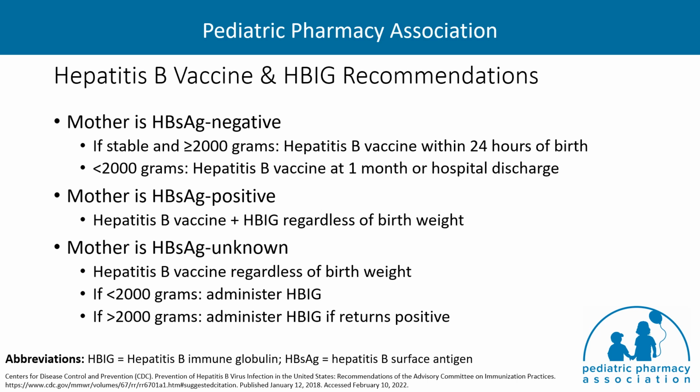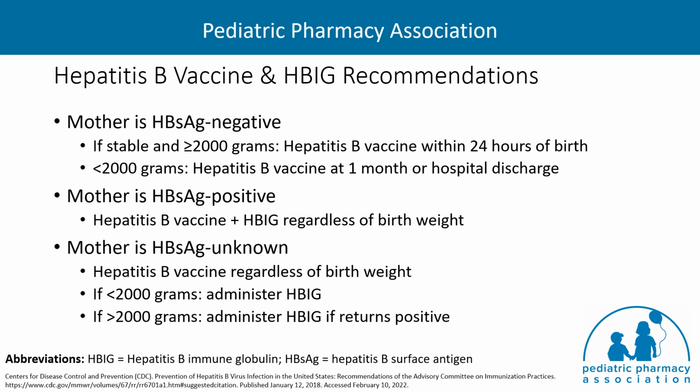For infants less than 2,000 grams, the recommendation is to administer hepatitis B immune globulin within the first 12 hours of life. This is due to the potential, as we've already discussed, for decreased immunogenicity of the vaccine in this population. So we want to give them that increase of protection with passive antibodies.